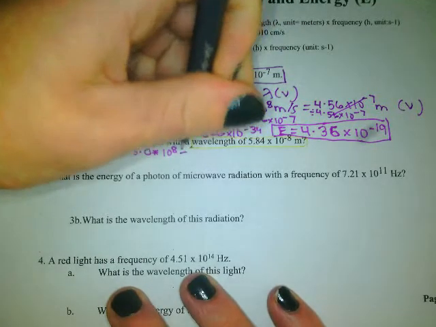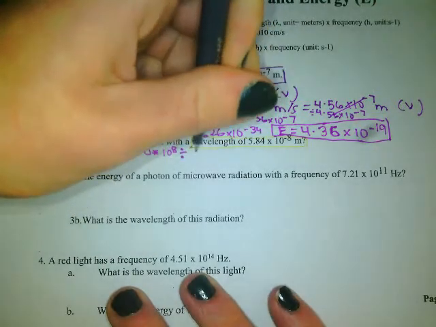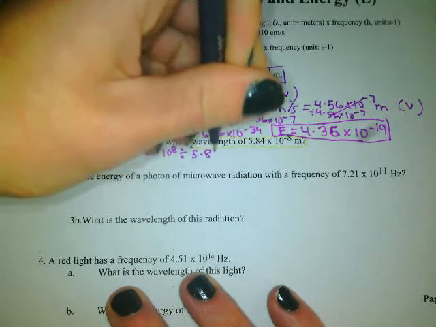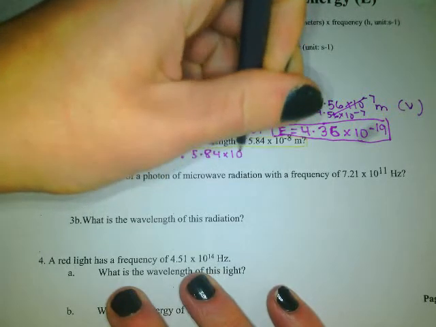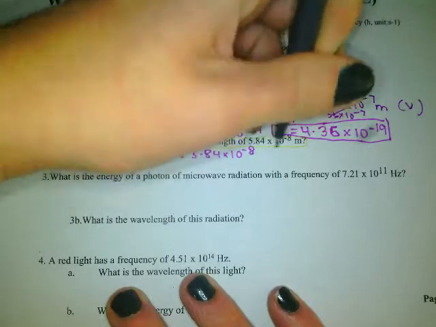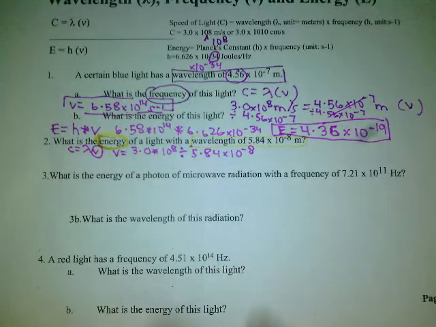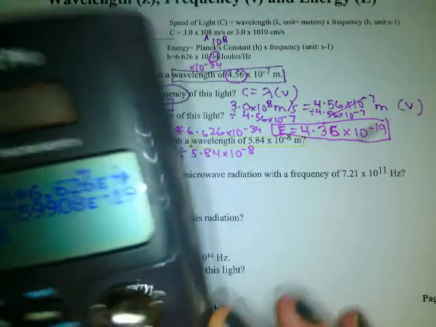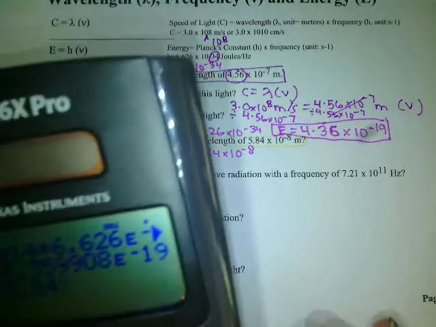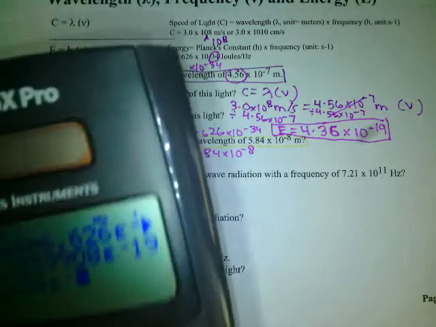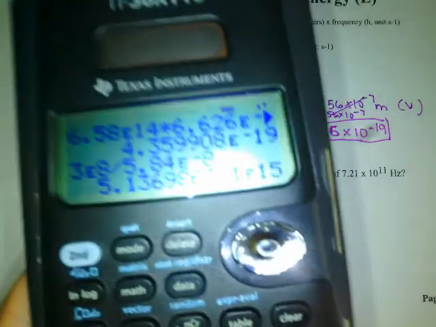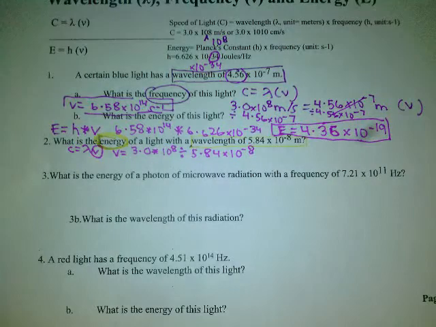So 3 to the 8th divided by 5.84 to the negative 8, and that gives me, and I'm going to go with, again, 3 sig figs, 5.14 times 10 to the 15th power. So V equals 5.14 times 10 to the 15th power.